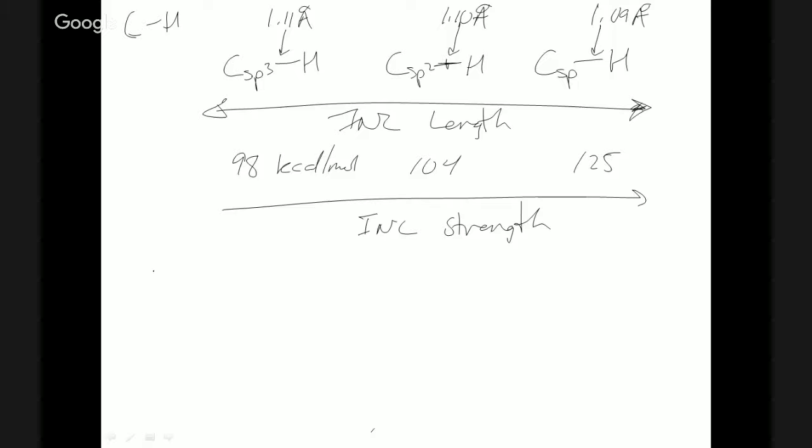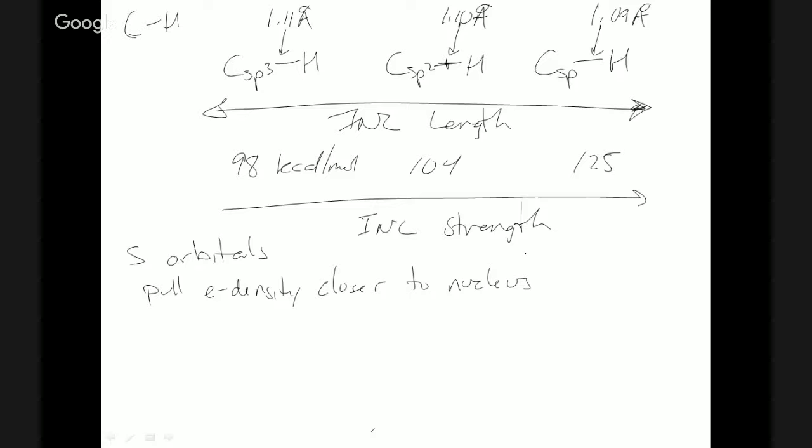So I want you to memorize something else. S orbitals pull electron density closer to the nucleus, or they hold it closer. This makes sense. The s orbital is a sphere. It's not as far out there. It's closer to the nucleus. So the s orbital is going to pull or hold that electron density a little bit closer to the nucleus. So the more s character we have, the more it's going to impact the strength of the bond.